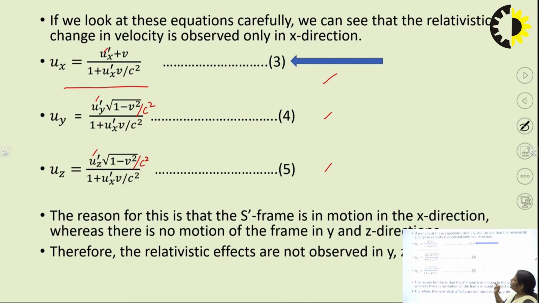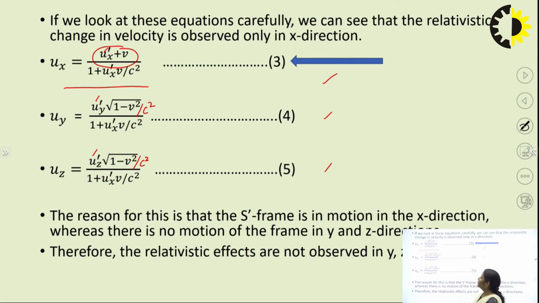Now, if we look at these three values, we can see that the x part is behaving differently. It has one expression, ux dash plus v, whereas this kind of expression is not present in the y component and it is also not present in the z component.